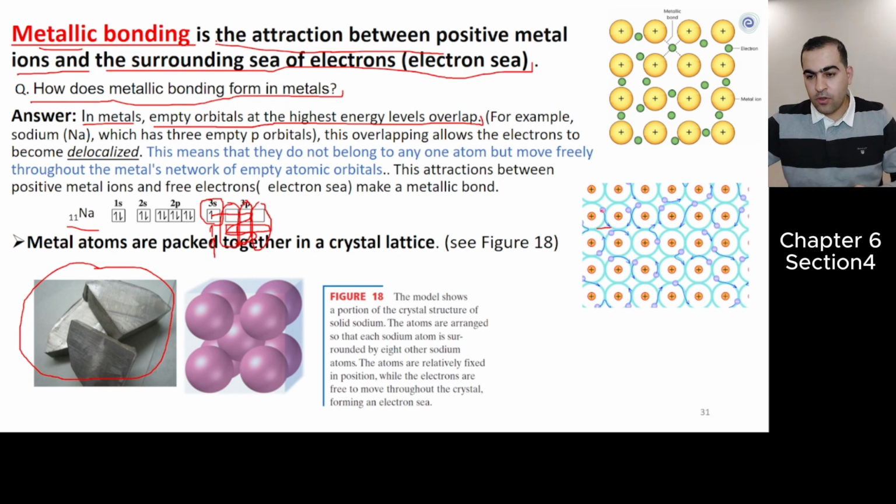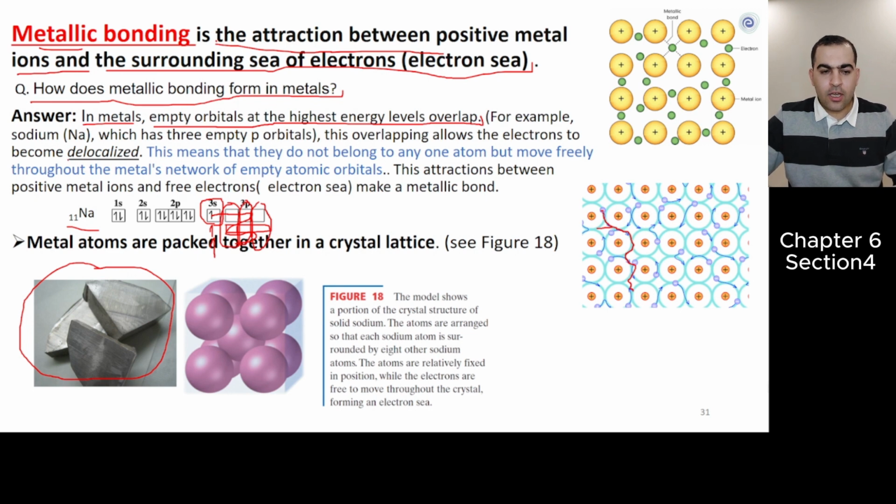So this electron comes here. At the same time, these two atoms' 3p orbitals have overlapped, which means these two atoms have connected together. So the electron comes here also. Also it comes here. It will be like these electrons become free throughout the entire metal. This electron moves from one end to the other end of the metal. It means the electrons are free. They are delocalized.